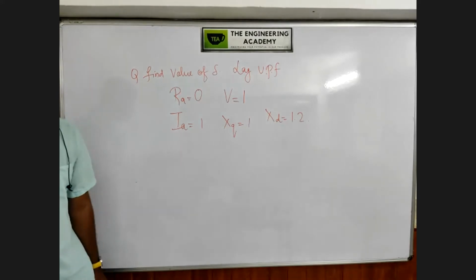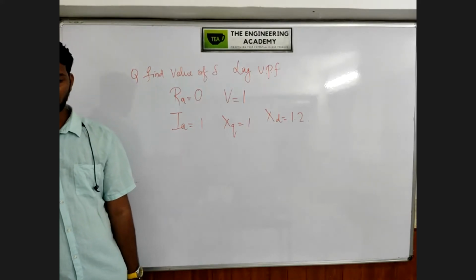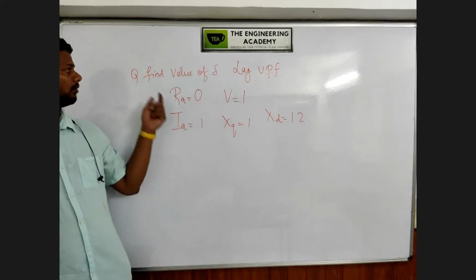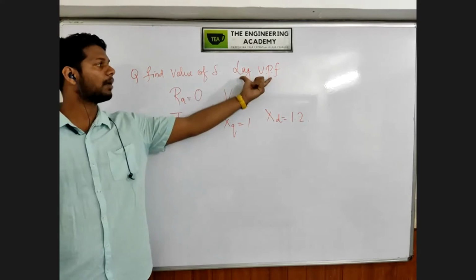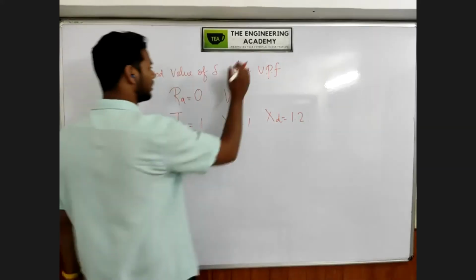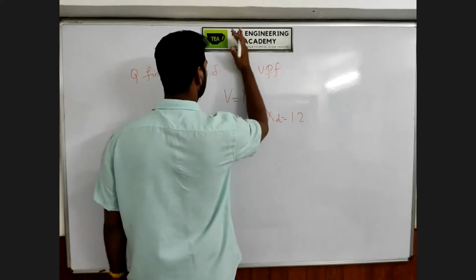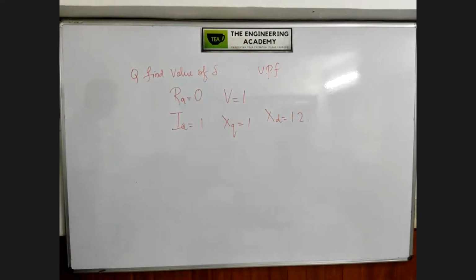Can anyone tell me the value of del? What did they give in the question? Find the value of del for unity power factor.